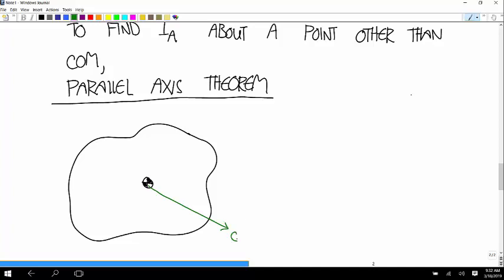So let's say there's one axis here that we'll call C, and it goes through the center of mass. And then there's another axis that's parallel to C, but it doesn't go through the center of mass.